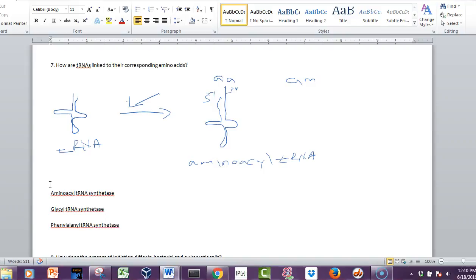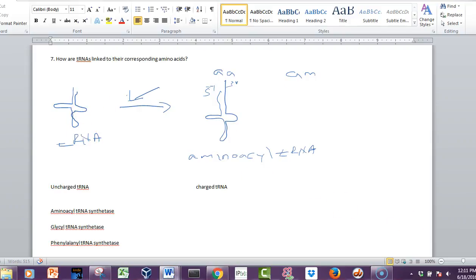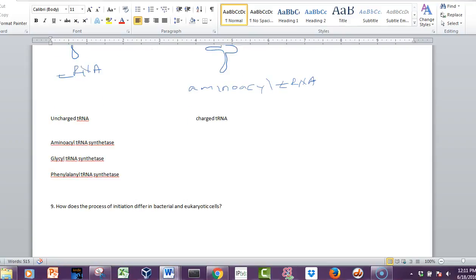Another couple of terms that are used to talk about these things is that this is an uncharged tRNA, and then once it gets its amino acid added to it, it's a charged tRNA. And so the enzyme that does that is there are all these specific tRNA synthetases that recognize a specific tRNA because they have a slightly different structure and a different sequence, and they can recognize that and add an amino acid to it.